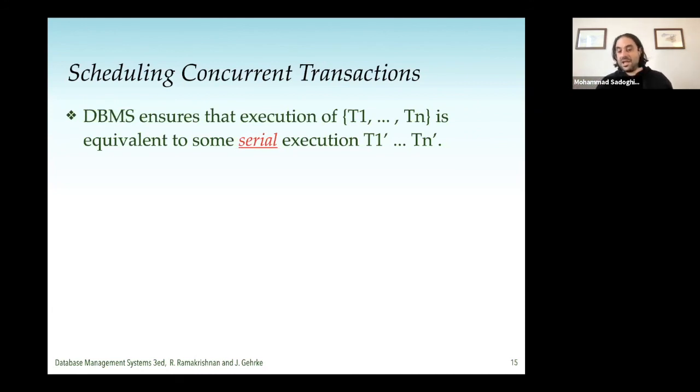The database doesn't impose that it has to be the first transaction, then the second, third, or fourth. It just says you do your transactions in some order, and whatever order you came to, depending on the scheduling of the context switches of the processor, just whatever happens non-deterministically, as long as the final outcome can be mapped to a serial schedule, then I can say it's correct, because I know a serial schedule is correct.